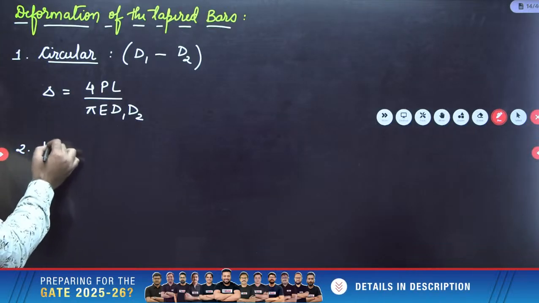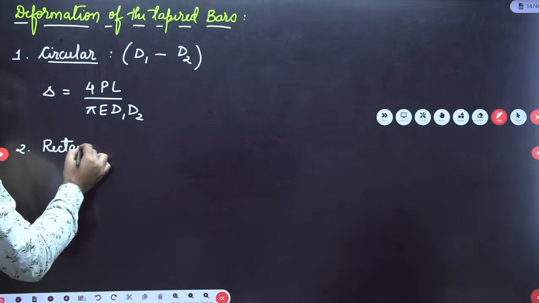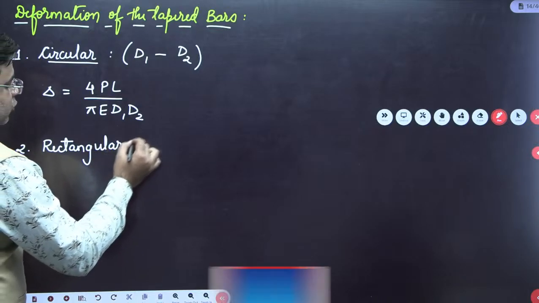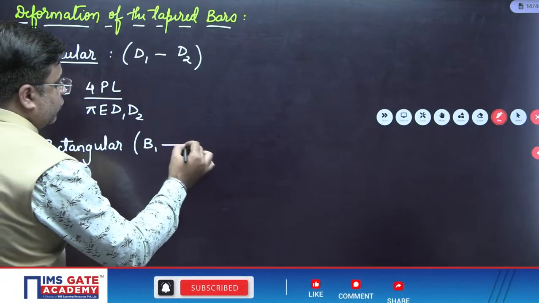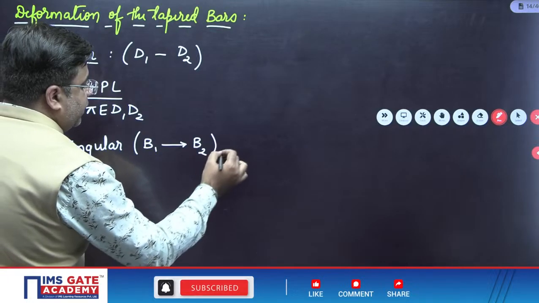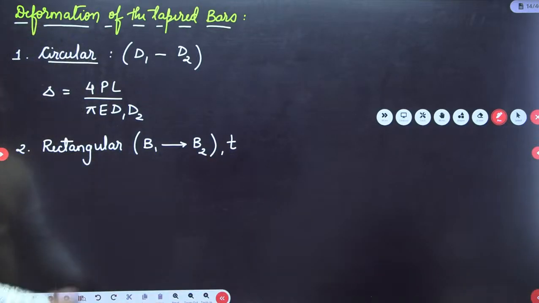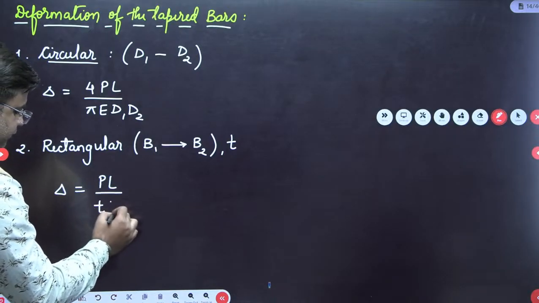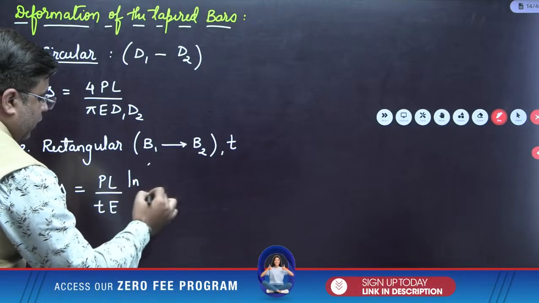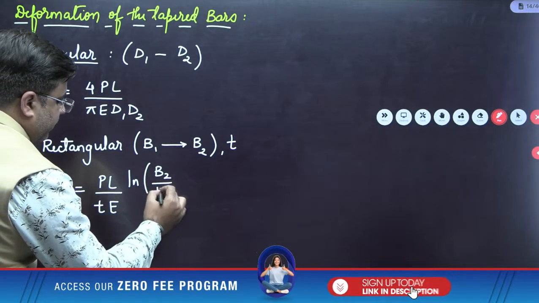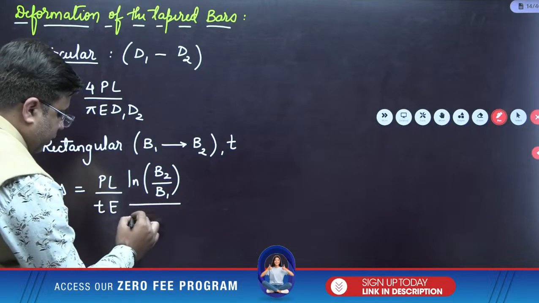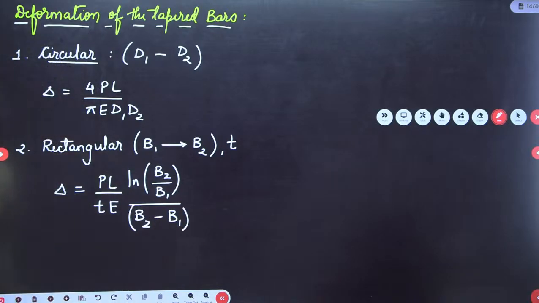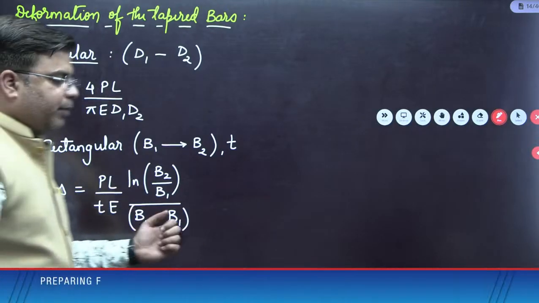Next, for the rectangular tapered bar, whose width is increasing from B1 to B2 at constant thickness T, the total deformation delta is equal to PL upon TE log of B2 by B1, upon B2 minus B1.